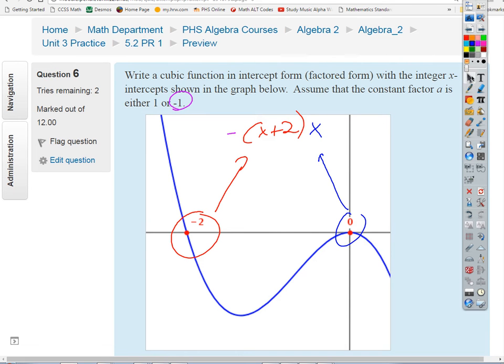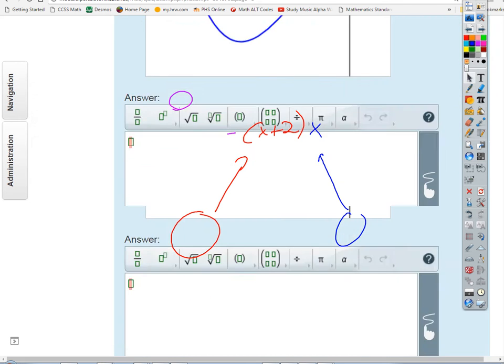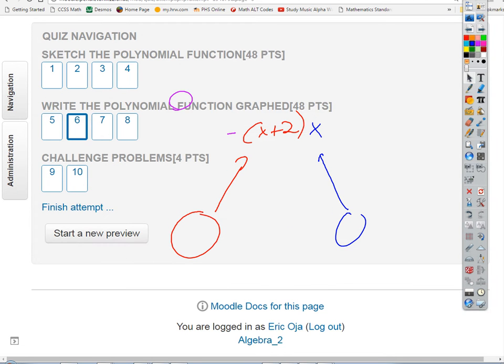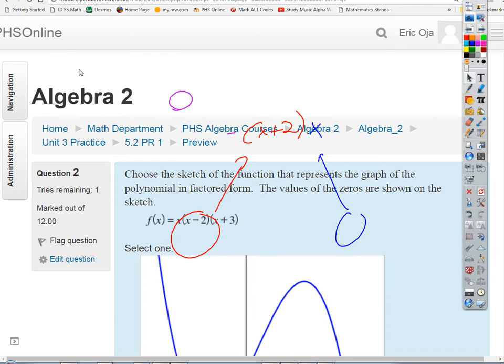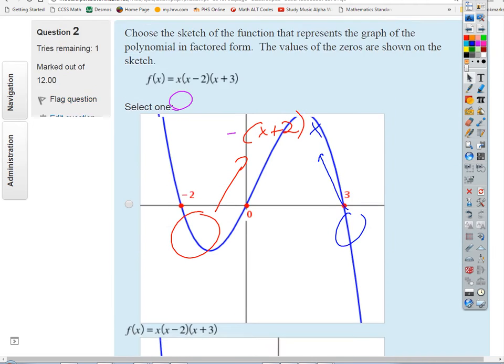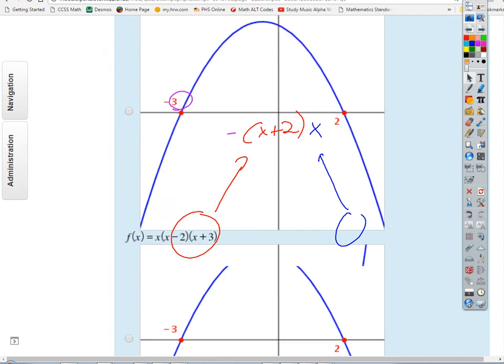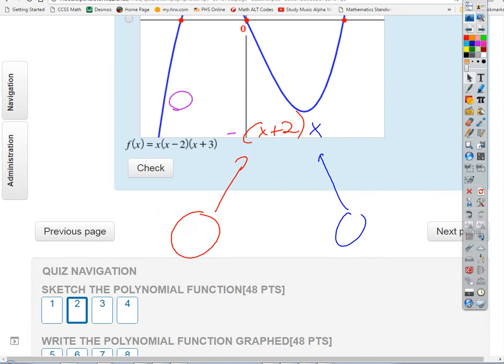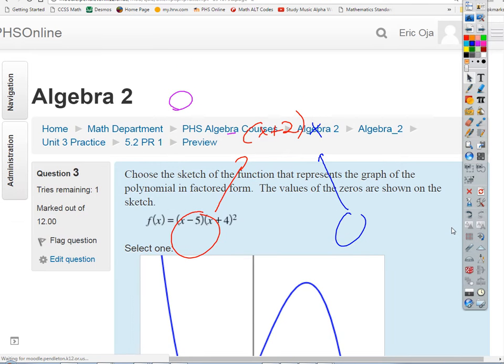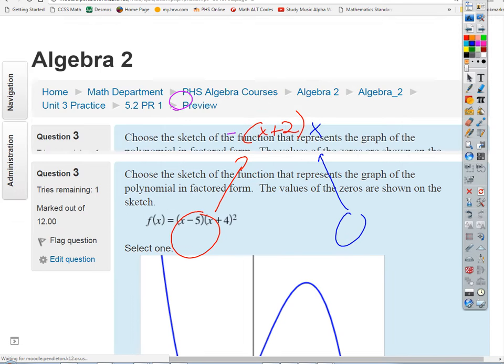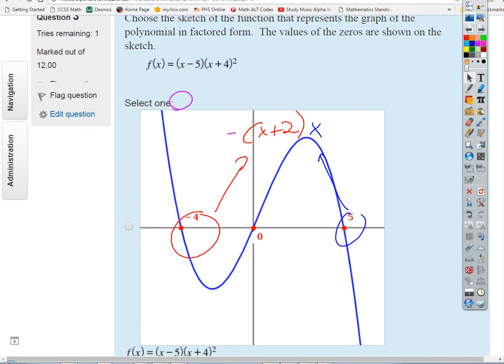Let's go back to an earlier problem for just a second. Let's go back to one like, how about this guy? Okay, no, not that one. That's not what I want. I want one like this. Yeah, like that. Okay, what are the x-intercepts of that one?